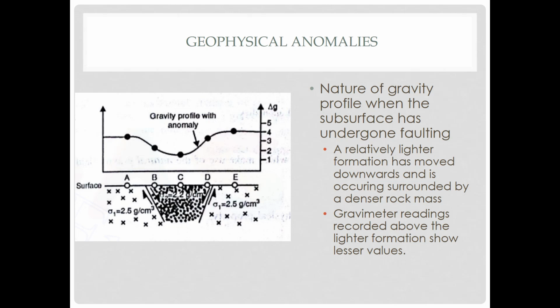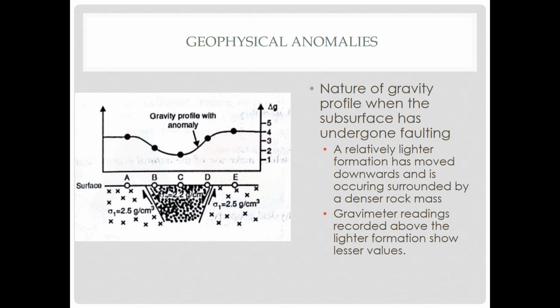So next, this is a geophysical anomaly wherein the nature of the gravity profile is when the subsurface has undergone faulting. A relatively lighter formation has moved downwards and is occurring surrounded by a denser rock mass.